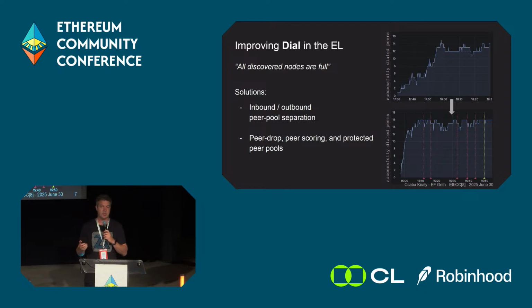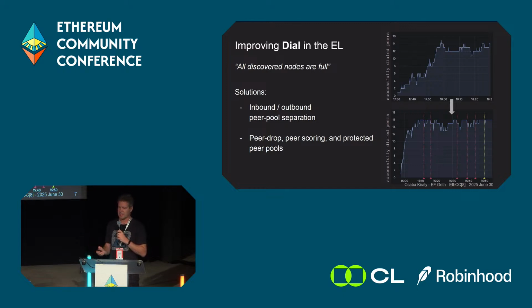Then there is dial, connecting to other peers, very important in peer-to-peer networks. And if you are working on these clients, you will often notice that you cannot connect because everyone is full. They just don't let you in. So dial is about making dial be possible. We have problems here, and we have improvements. Problems in the sense that dial is slow, that you see on the top.